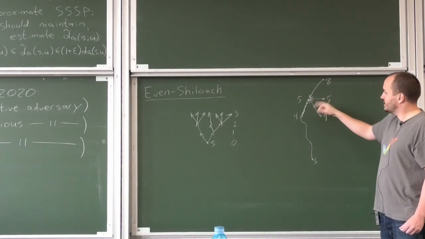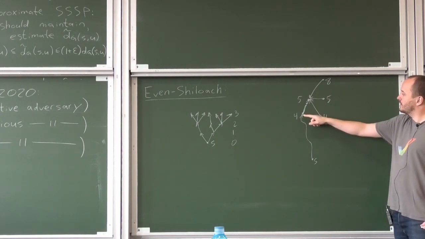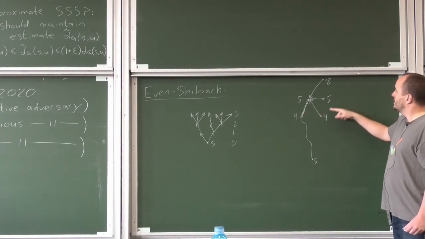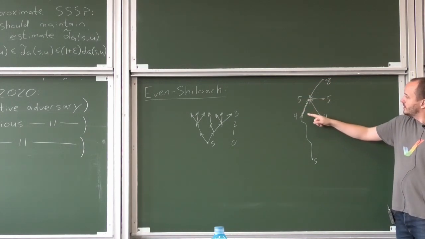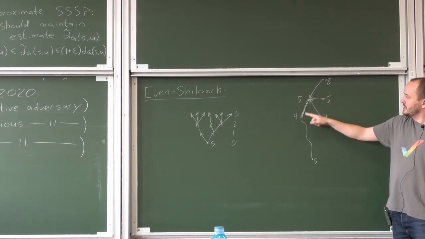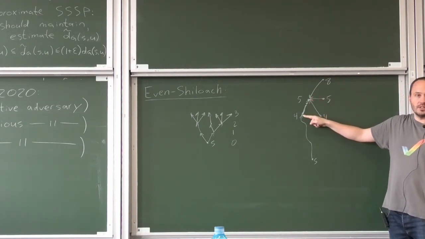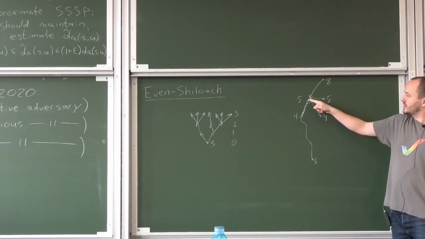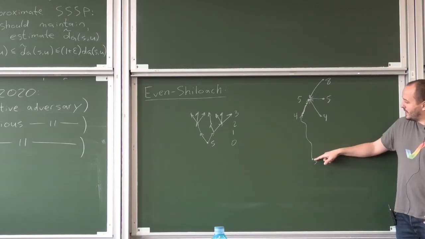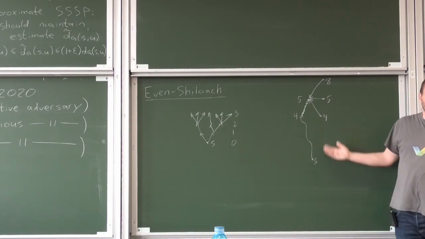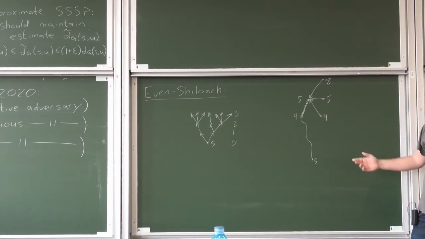It doesn't matter how you order them cyclically, but let's say we just order them this way around here, for instance. As long as this edge is present, and as long as this distance estimate doesn't change, this vertex doesn't need to do anything, right? So when we start deleting edges, what could happen is that the path from this to this can be longer. It can never be shorter, because we only delete edges, but it can be longer.